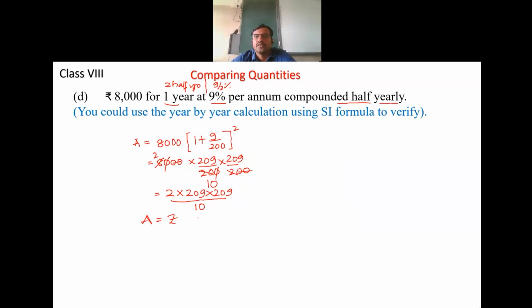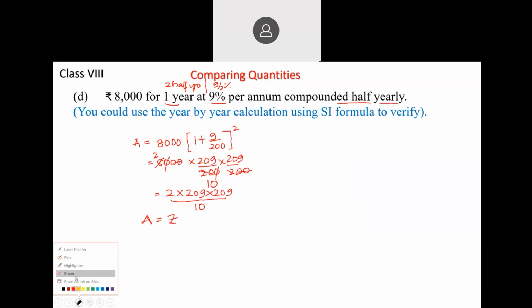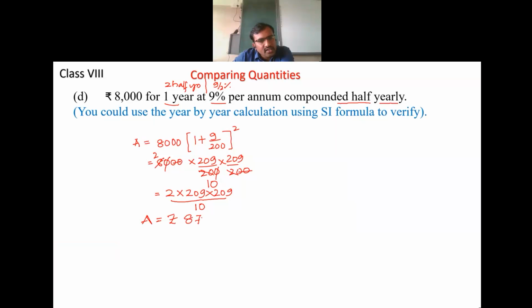So 8,000, we can get the total answer as 8,736.2, sir. 8,736, sir. Point 2. 8,736.2. This is the amount.